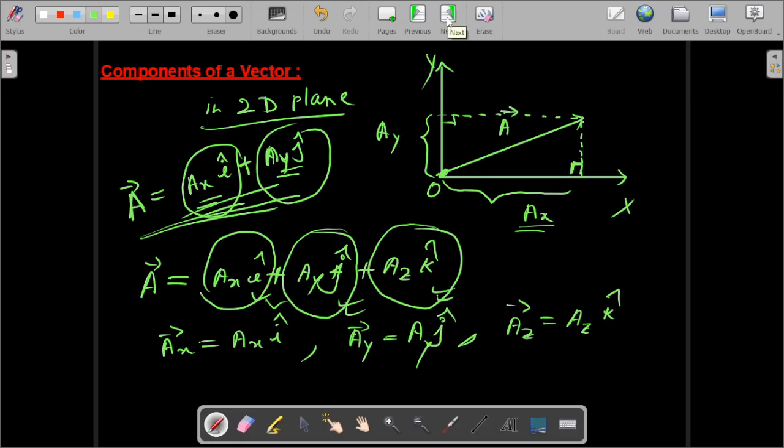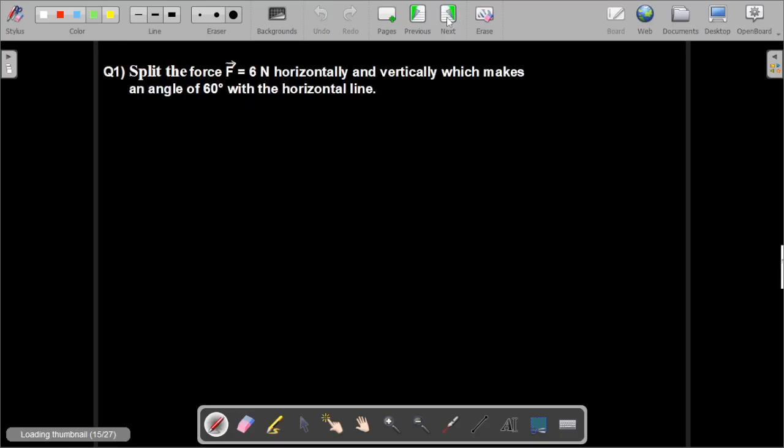Now come to the next. Here I have taken one example. Split the force vector of 6 Newton horizontally and vertically, which makes an angle of 60 degrees with the horizontal line.